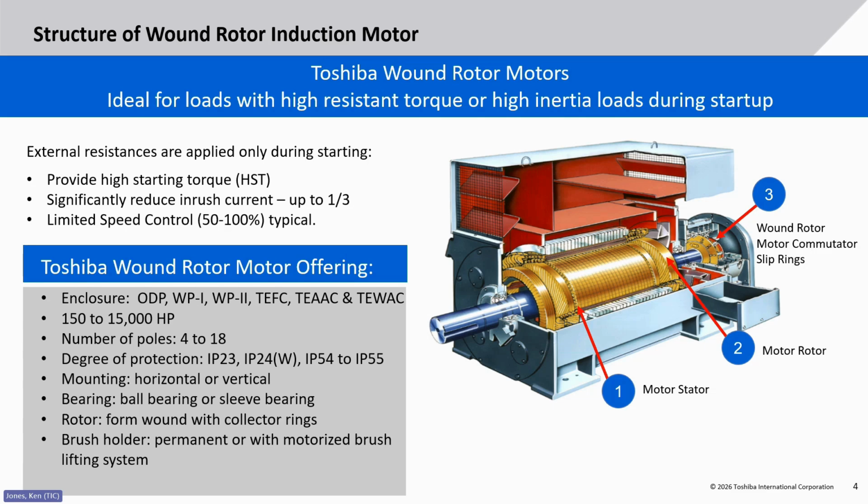We can do horizontal and vertical, but our vertical is limited based upon the rotor weight. We can also provide it with either ball bearings or sleeve bearings, and the collector rings, because of the design, have a high degree of torque and current that will pass through that design.